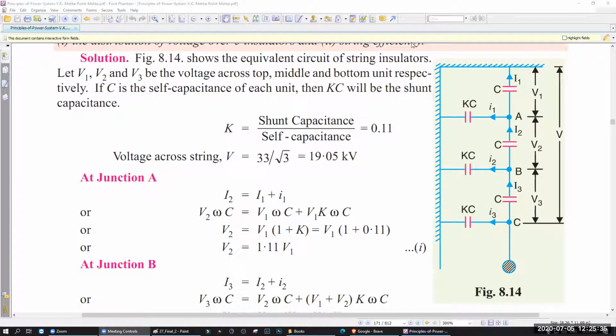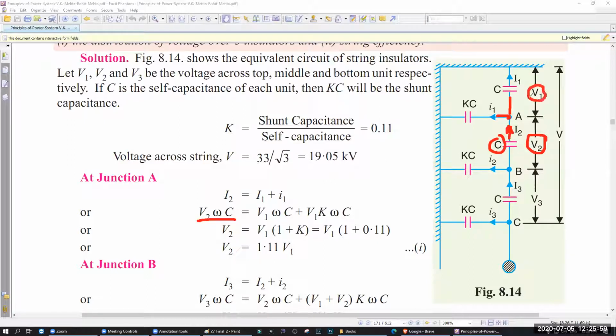Now here at junction A, you have 2 currents, I1 and I1, and you have 1 current entering, that is I2. So write I2 is equal to I1 plus I1. I2 is equal to V2 omega C. What about the I1?